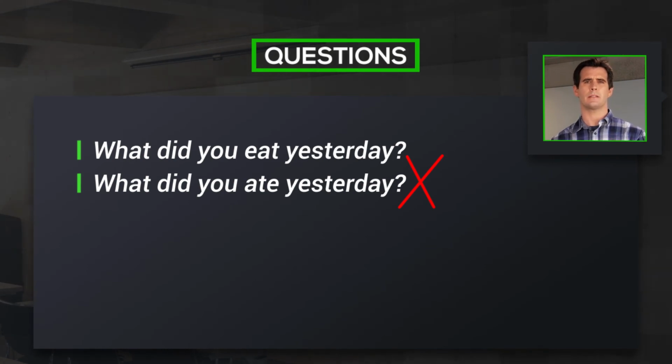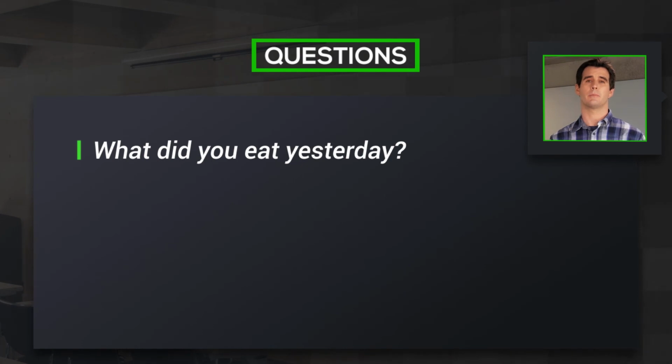Now, let's take a look at how we can answer some of these questions. We can answer these information questions with basic, simple past tense sentences. For example, what did you eat yesterday?